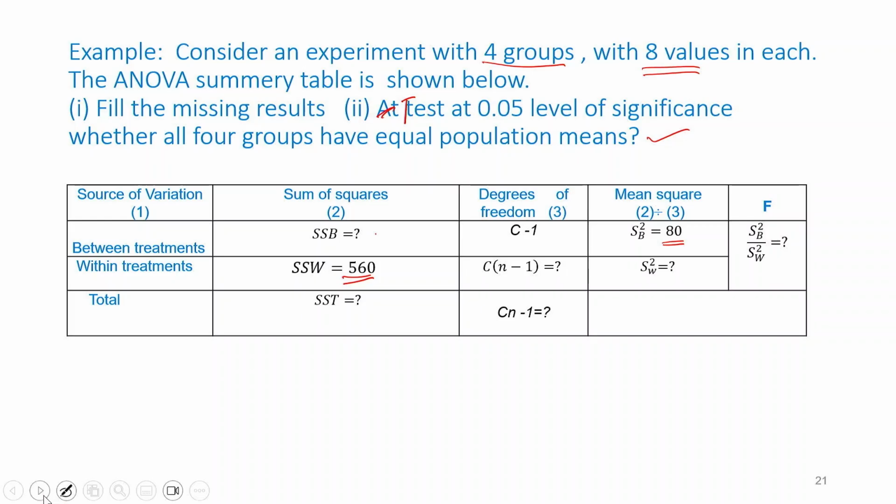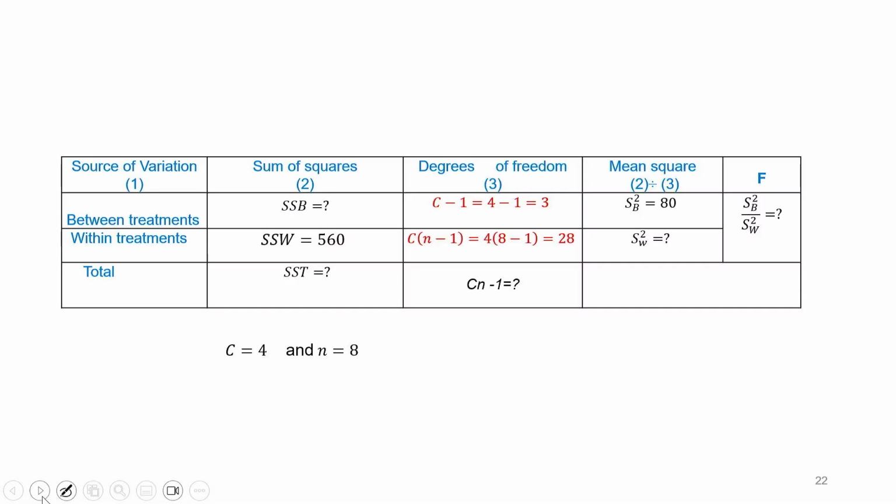How to solve? C and N are given, so we put the values of C and N in the column number 2 to find out the degrees of freedom. We get this figure. Next, if I know this and I know this, I can find out this value.